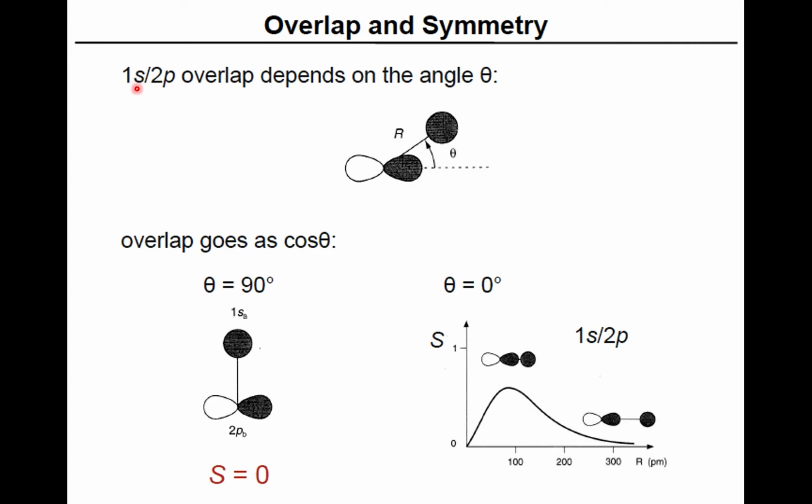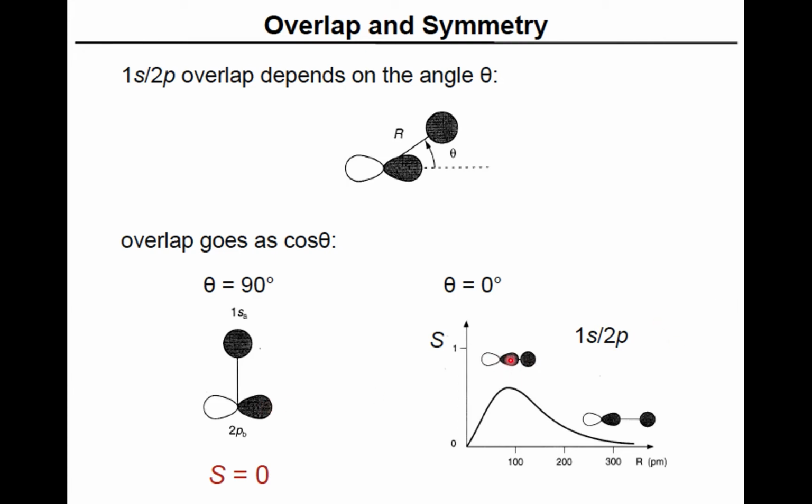When we have something like this, like a 1s and a 2p, it's interesting because at some locations, they are totally non-bonding. Right here it's totally non-bonding. The overlap between the two at 90 degrees is 0. But if we were to walk this orbital around, then it becomes more and more bonding as we go around.